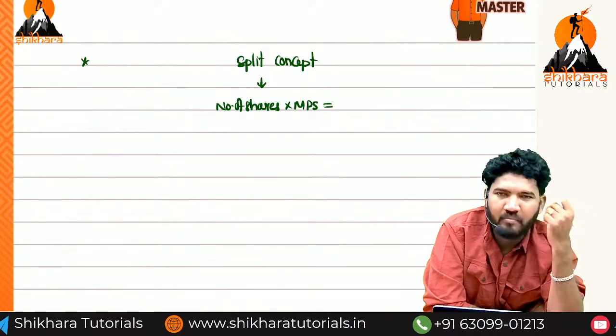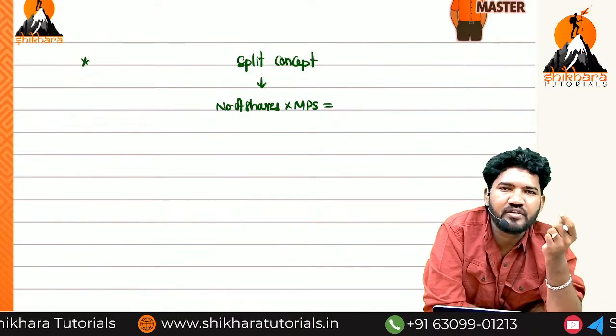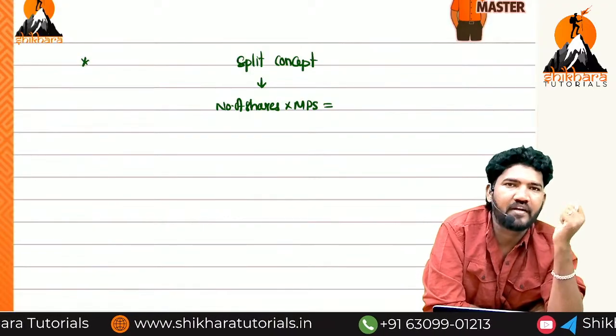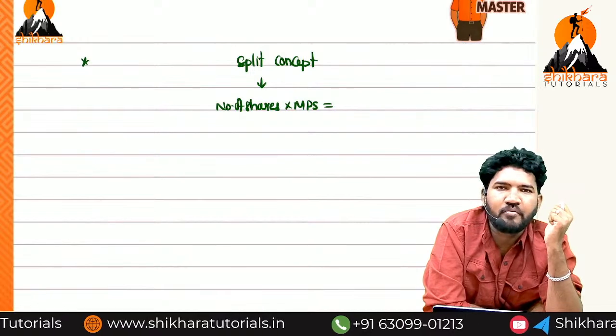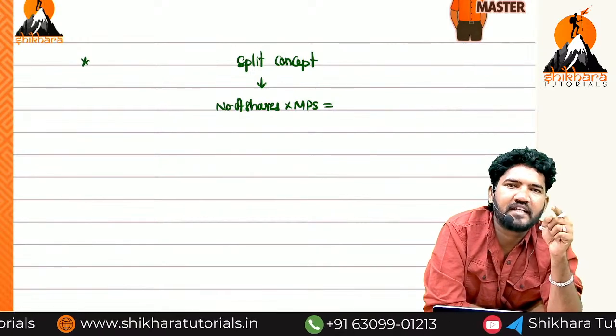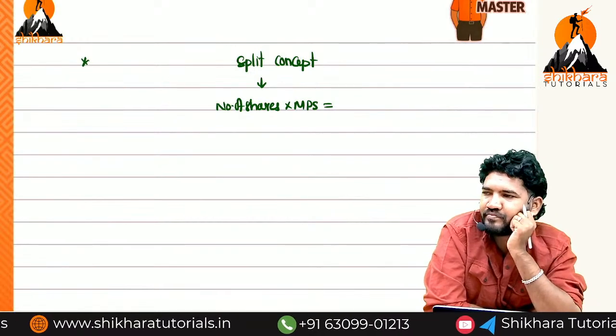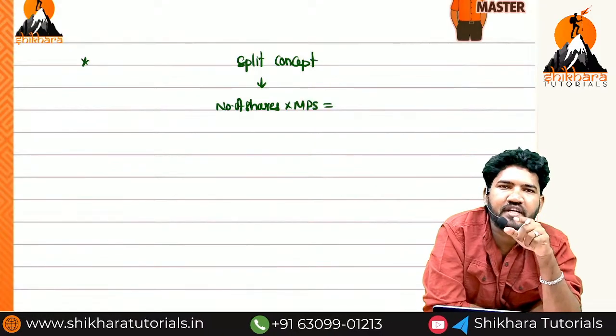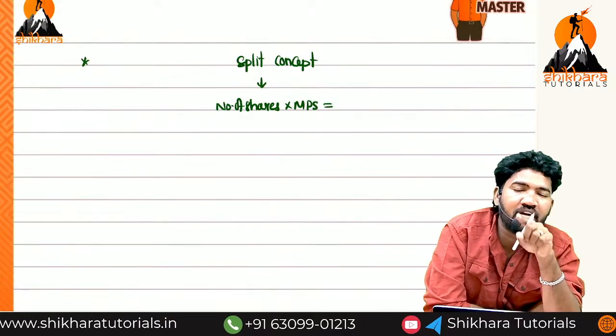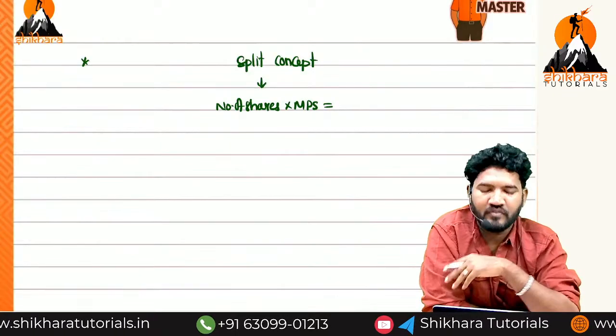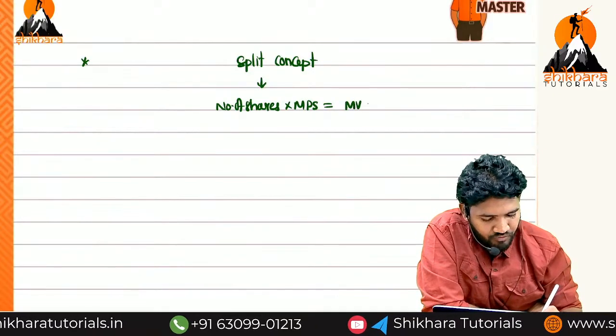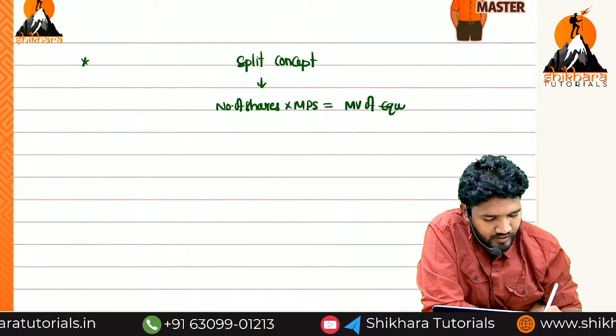But MPS includes share value plus profit value. Share plus profit is nothing but equity value. That's why MPS into number of shares converts equity share capital into equity value. Now market value of equity.